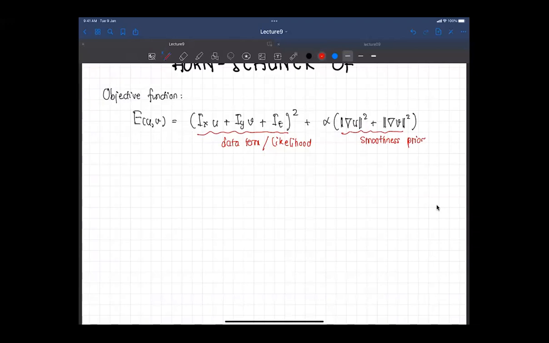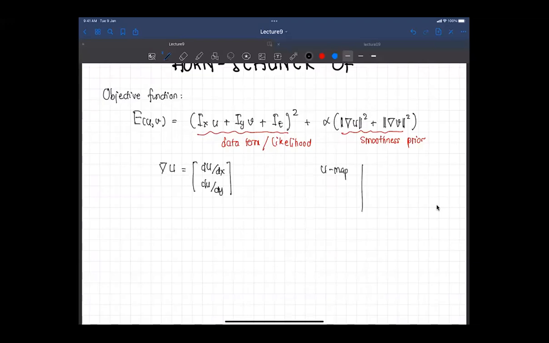So what is this nabla U? So this one is called nabla U, I think. Nabla is a vector. It's a gradient vector. So gradient vector means that you have du dx, du dy. So imagine that your U is a U map.